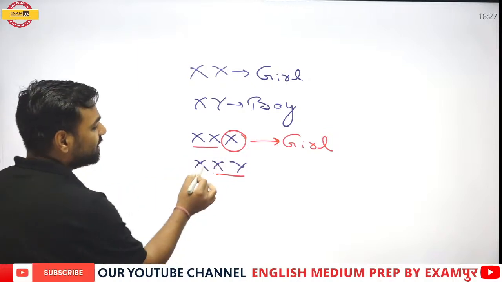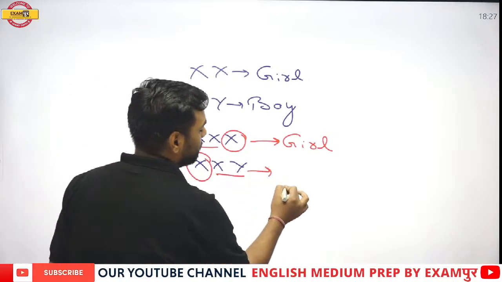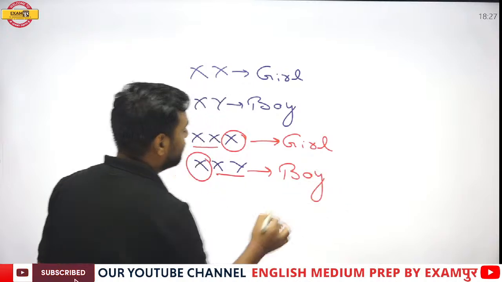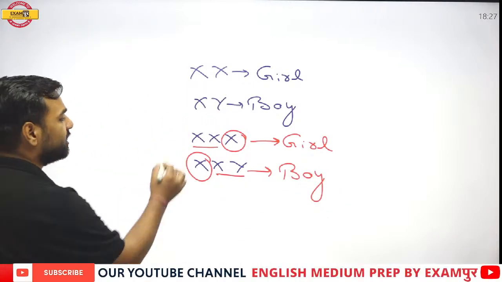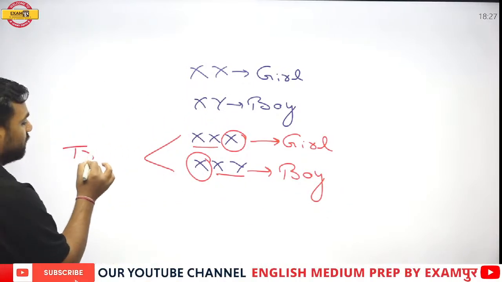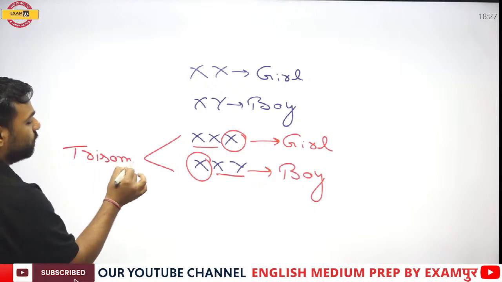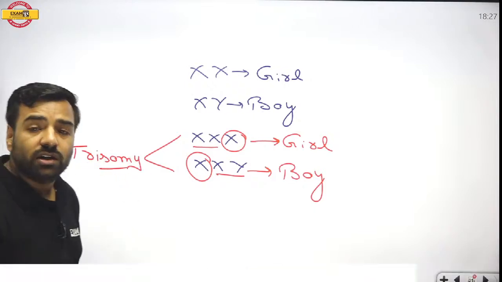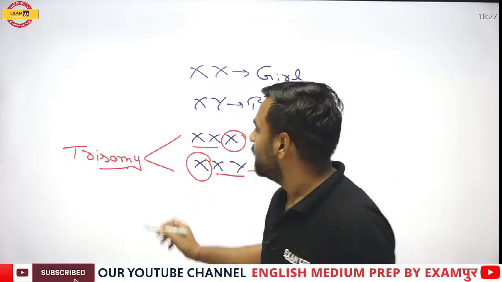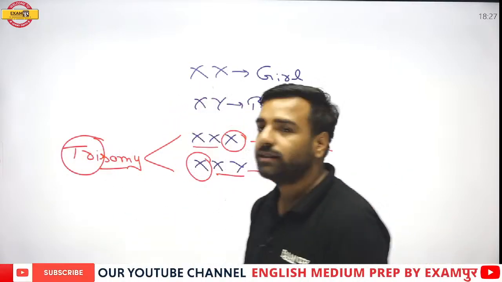So this condition takes place in a boy where there is one more chromosome, and this condition is known as trisomy. What is it? Trisomy, where you can relate: zome means we are talking about the chromosomes, and tri means we are talking about 3.